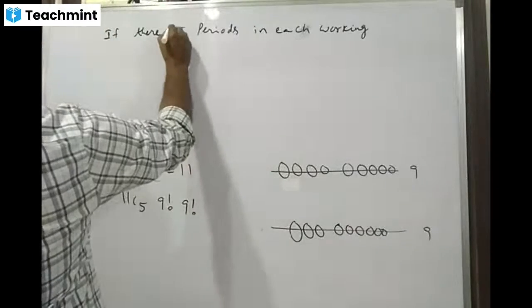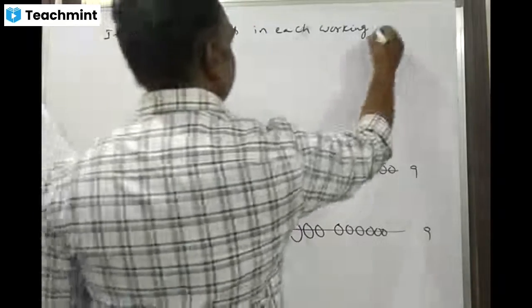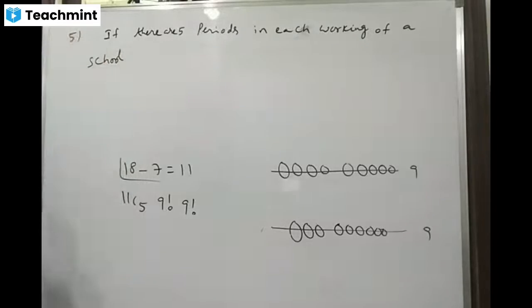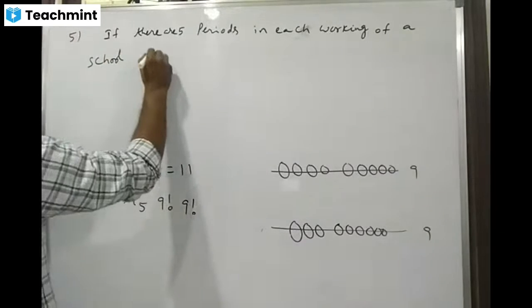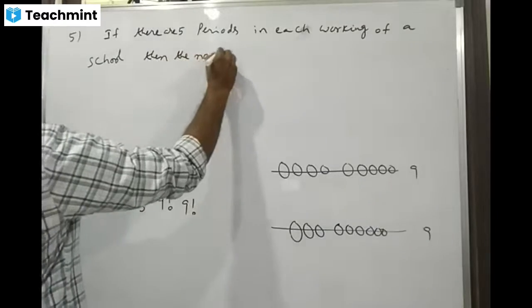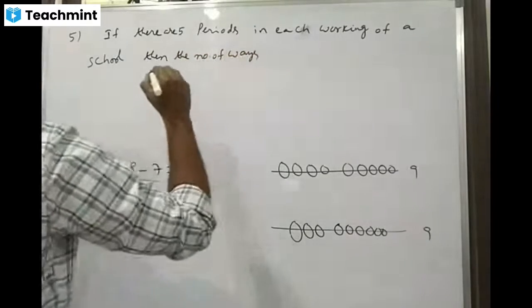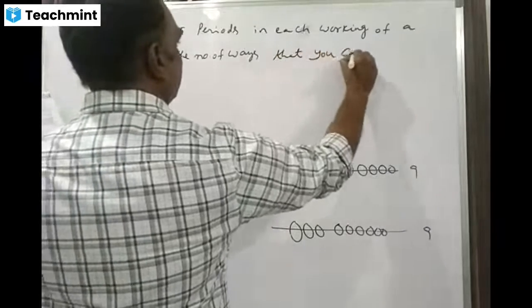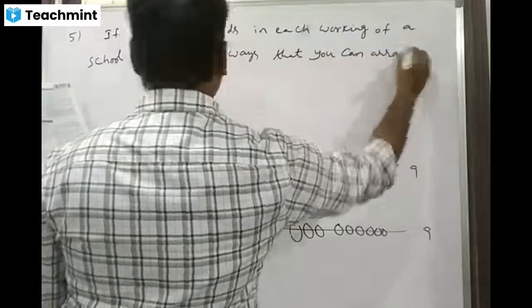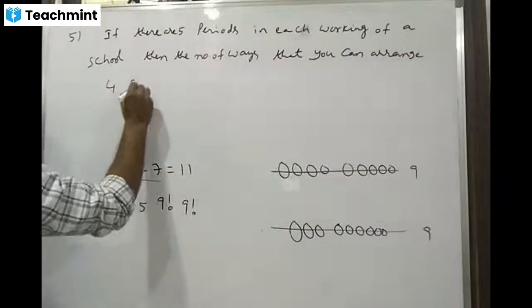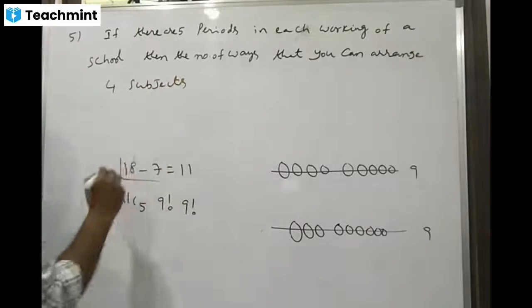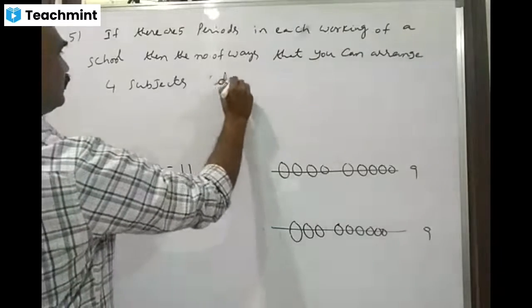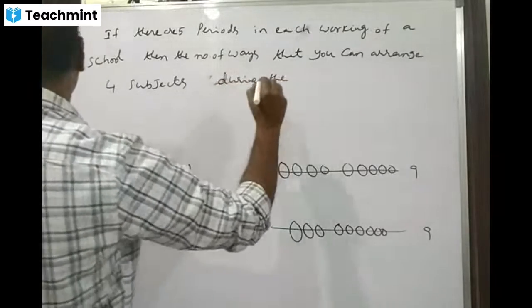If there are 5 periods in each working day of a school, then the number of ways that you can arrange 4 subjects during the working day.